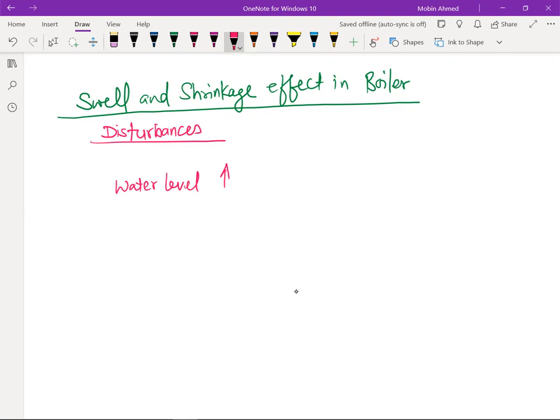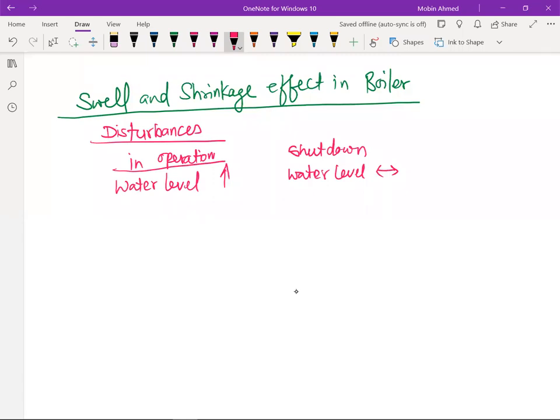So in operation, the water level always reads higher than during shutdown. If it is shut down, the same water level is going to be less. It is going to read the normal level. But in operation, when the boiler is firing, the water level is always going to be higher.